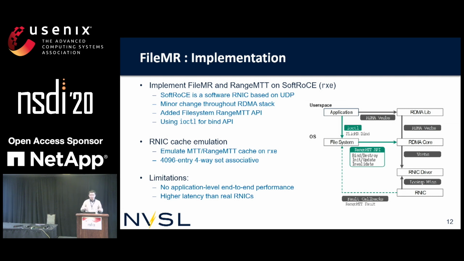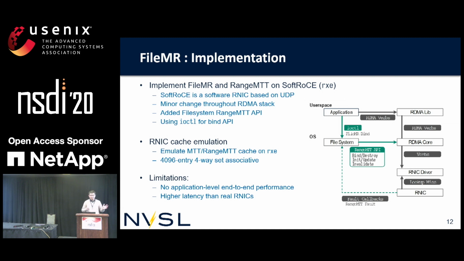Apparently we need to add some flags throughout the RDMA stack, but the only added interfaces are the ioctl, which works as a bind, and the range-based API, which communicates between the file system and the RDMA stack. Since RxE does not have any caching, it just uses DRAM, we implement the range-based translation using some emulation. Basically we build an emulator here.